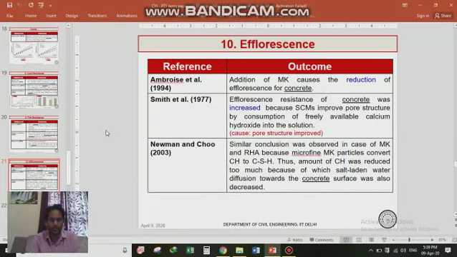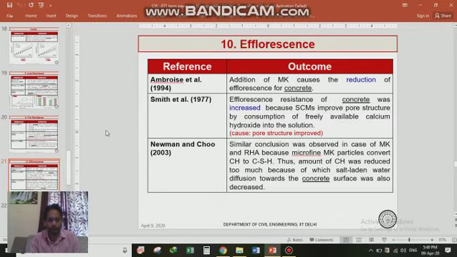So regarding efflorescence, Ambrosi, Smith, and Newman Shue concluded a similar kind of finding, that the efflorescence was reduced in the presence of different SCM materials, because calcium hydroxide is the main compound which causes the efflorescence in concrete and mortar.